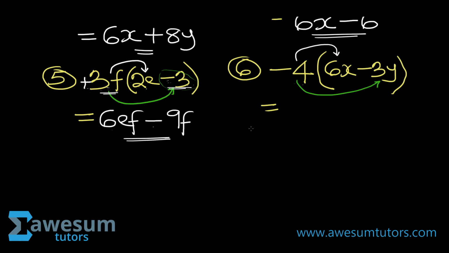Now let us take a look at how to approach such a problem. Now remember one thing, that this is 6x. We all know that 6x is the same thing as positive 6x, because there's an invisible positive sign right there. Very good.